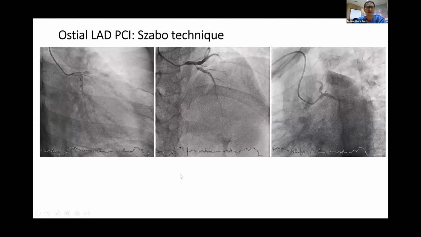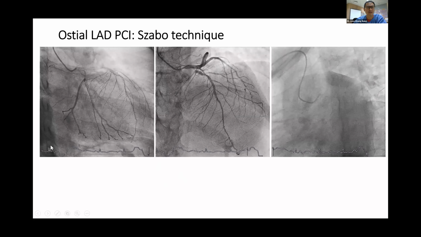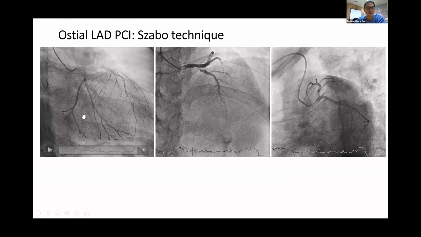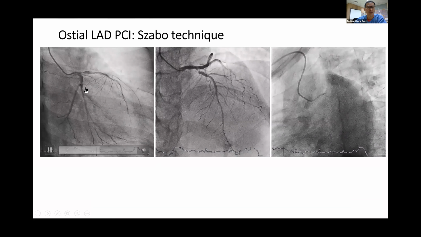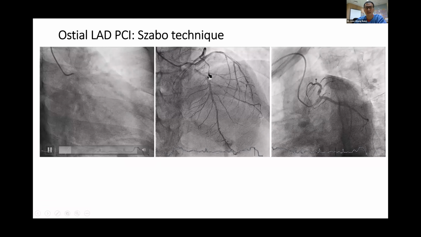Now this case is another osteo-LAD. You can see here this is in the AP caudal view. Again, the left main and the circumflex are relatively normal. There's an LAD osteal disease.